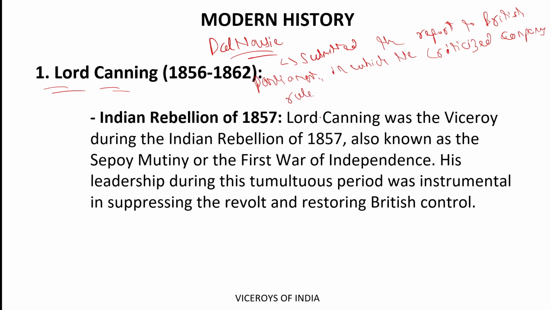Basically, Dalhousie was the person who pointed out the atrocities and misgovernance by the British companies, primarily the British East India Company. He was the first person who pointed out that the British East India Company was not capable of managing India. He criticized this, and even mentioned that if something big happened in India, the British East India Company would be held responsible for it.